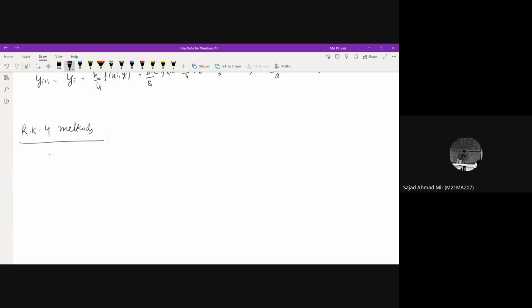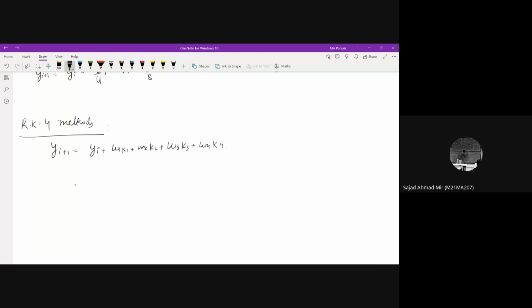You are using the yi value to get yi plus 1 equals w1 k1 plus w2 k2 plus w3 k3 plus w4 k4. Now you are using four terms here, the four ki's that decide your order. So your k1 is h times f of xi, yi, that is the same as was used in other RK methods.